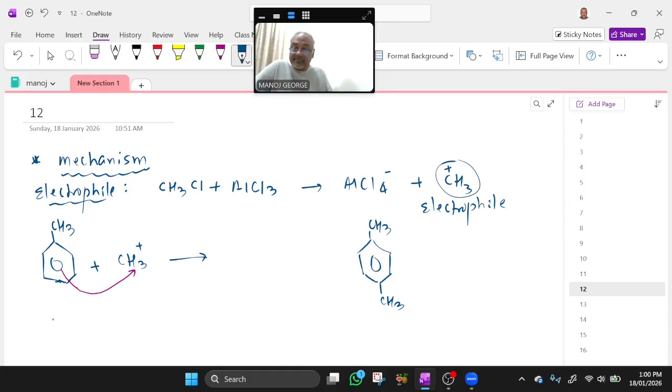I can probably put CH3 down and bring the curly arrow this way as well. And then don't forget one curly arrow going this way. And then I have an H plus coming out here. Is that okay?